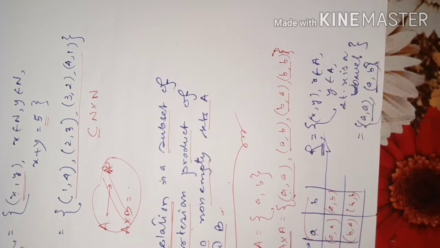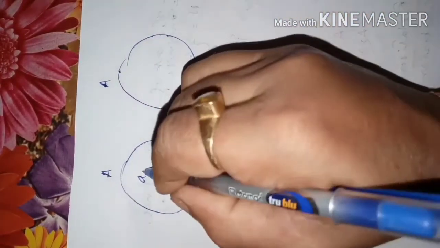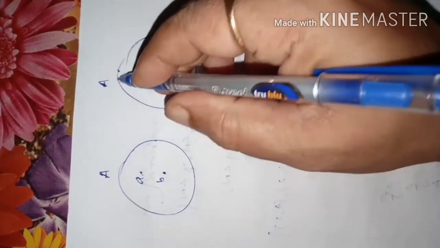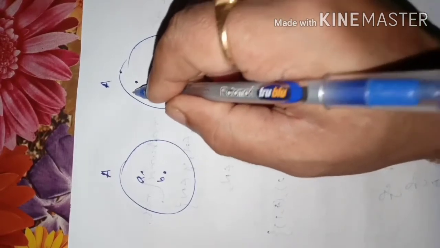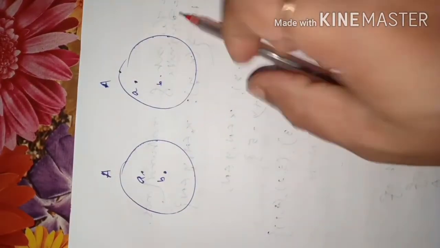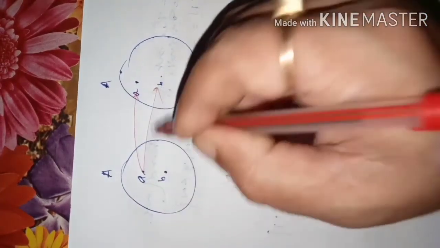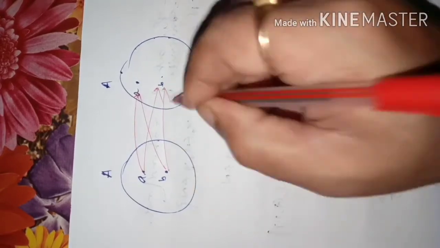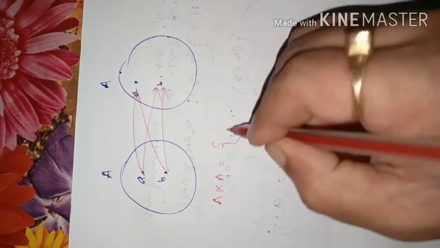Now here you see, in the relation, the example that I just gave, A is here, element a, element b. Again, in the same A to A we are showing the relation. When we talk about Cartesian product, we understand a to a, a to b, b to a, b to b. So in A cross A, all these elements come like that.